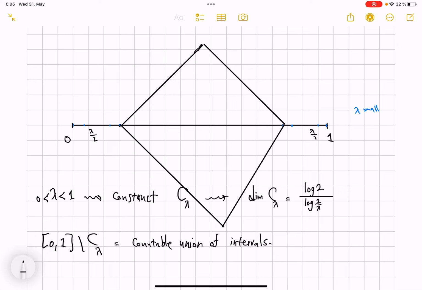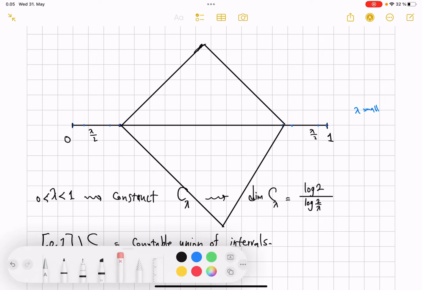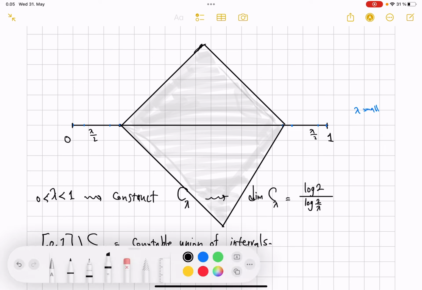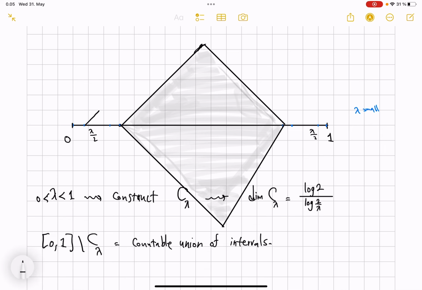So you have this, and this is the whole thing, including the interior, also the boundary. It's a closed diamond. And then, of course, we repeat it with every one. So next level, you have removed this, and then this, and similarly.